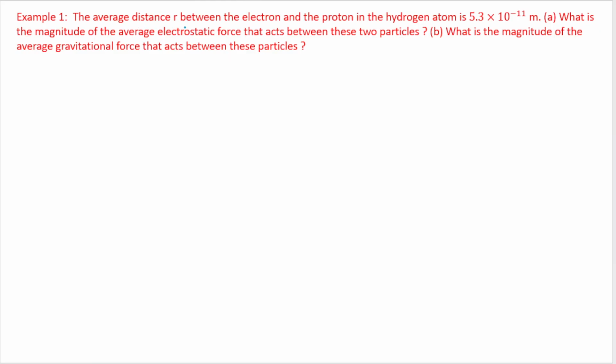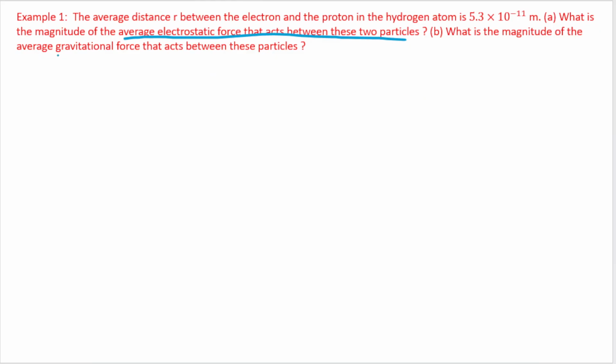The average distance r between the electron and the proton in the hydrogen atom is 5.3 into 10 to the power minus 11. We are asked to calculate the average electrostatic force that exists between these two particles.